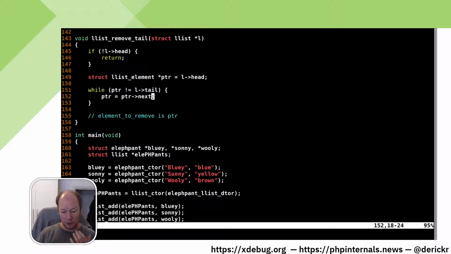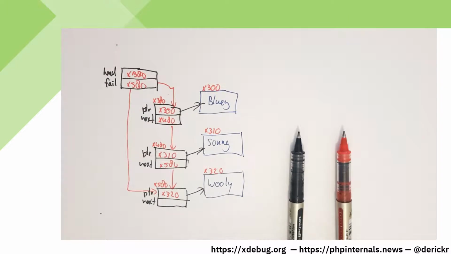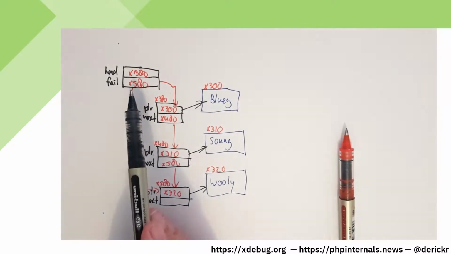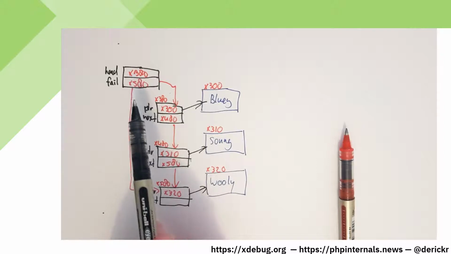If you look at what Sunny contains, the list element for Sunny has the pointer at 310 that points to our data element, and then it has next that points to the next element. So that's fine. But the pointer that we have here, which now is 480 because we skipped to the next element, is still not the tail. So that's handy too. So we do our loop once more.